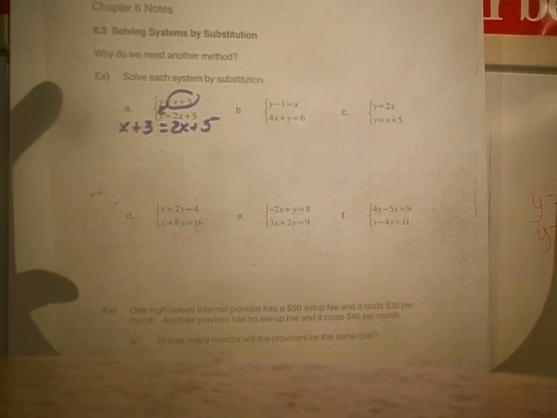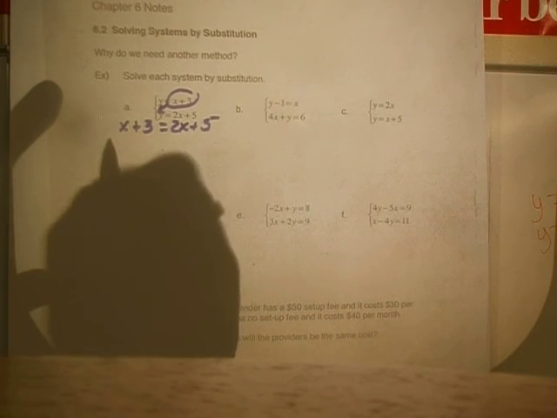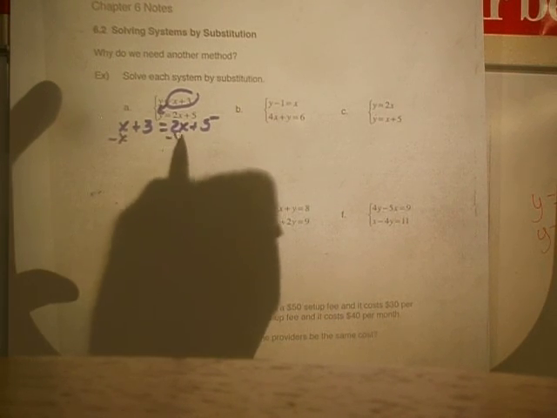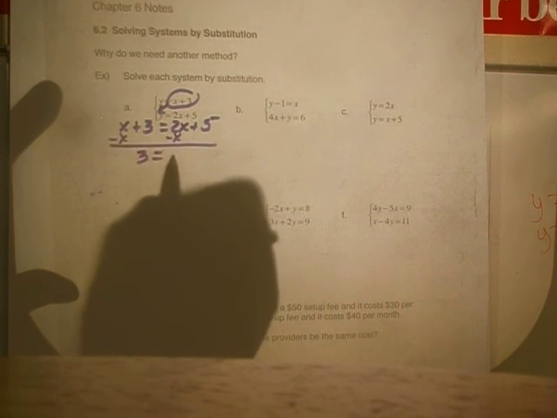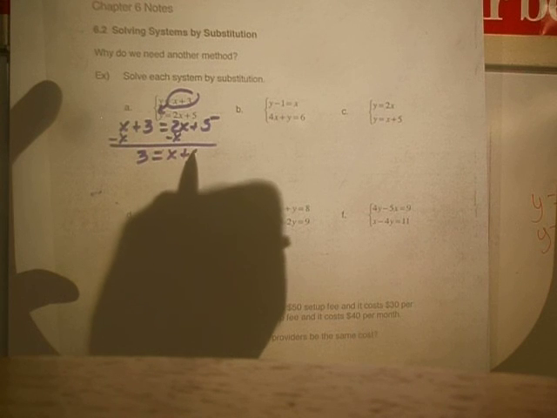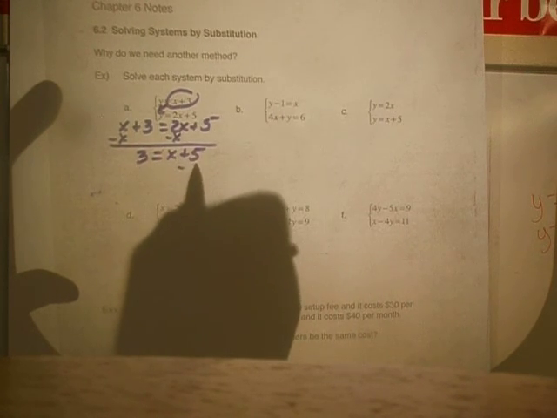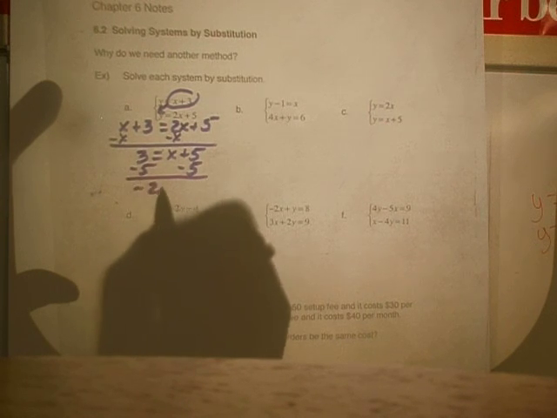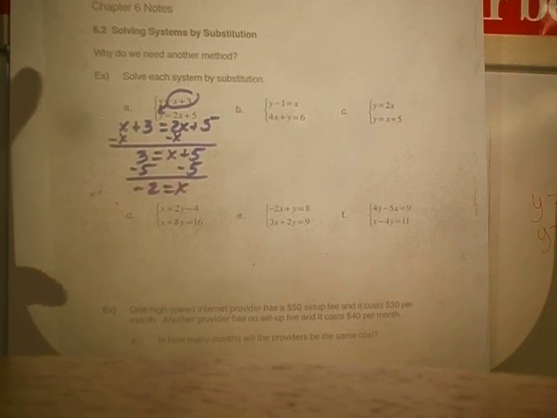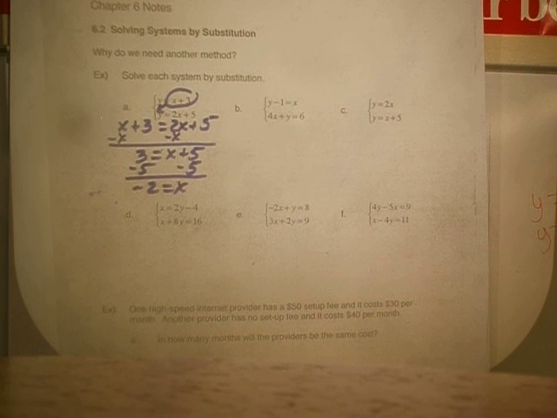And now that's an equation we know how to solve. We've solved equations like this a lot. You're going to subtract x from both sides, and you will have 3 equals x plus 5. And then subtracting 5 from both sides, you will have -2 equals x. Or we just look at it.